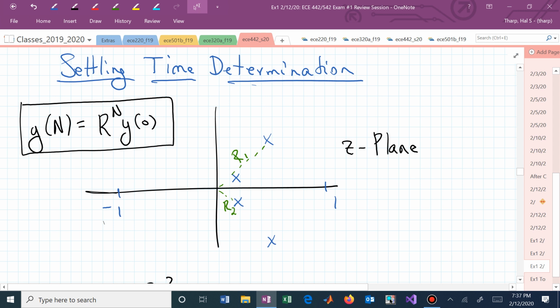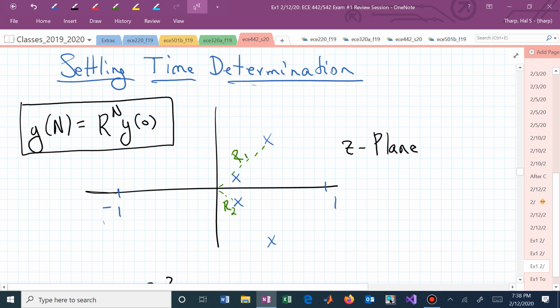Now, if I'm asking for settling time, when does that question even make sense? What fact has to be true for me to even be asking that question? It has to settle, which means what? That means all of those x's better be inside the unit circle, which I think you can see they are based on 1 and minus 1.